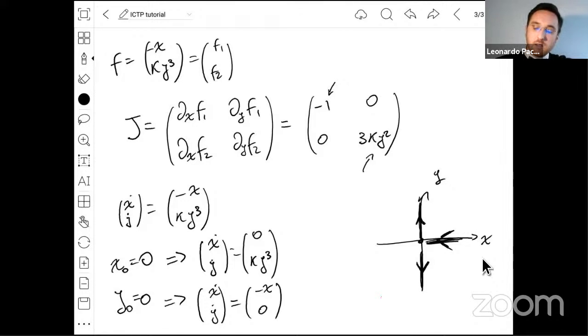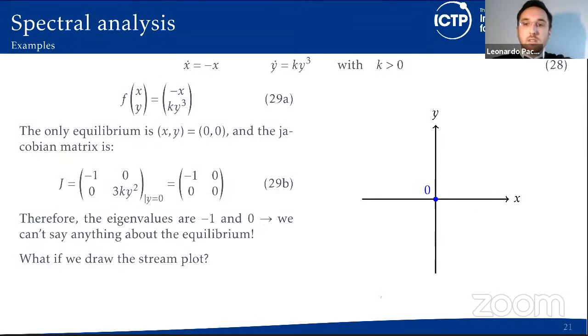So in this case, the solutions will move like this. So you see that on the axis, the stream plot looks like this. So from this, we can see that actually the origin is an unstable equilibrium, because you see that here the solutions are moving away from this point.